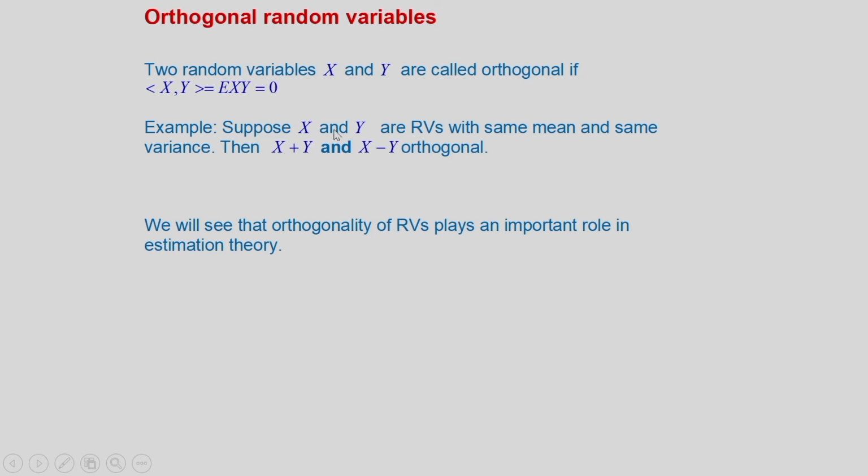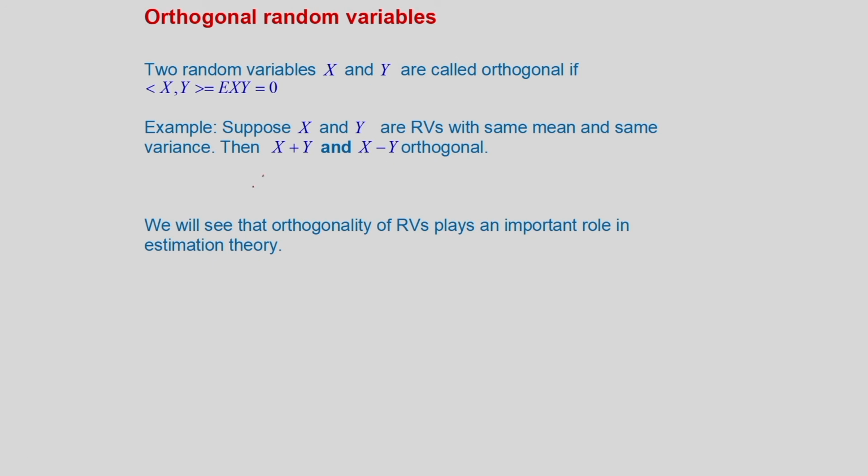Example: suppose x and y are random variables with the same mean and the same variance. So, both mean and variance of x and y are equal. In that case, x plus y and x minus y are orthogonal. How?